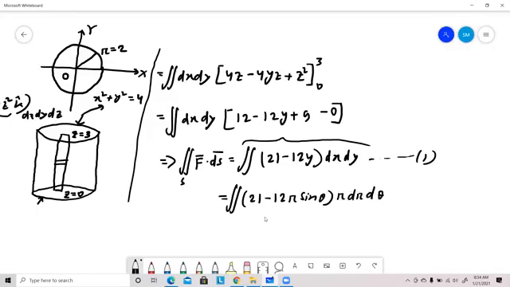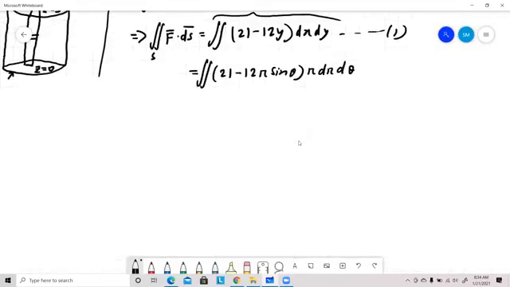We have to keep in mind this information. And now the range of r in the question, r equal to 0 to 2 and theta is from 0 to twice pi.